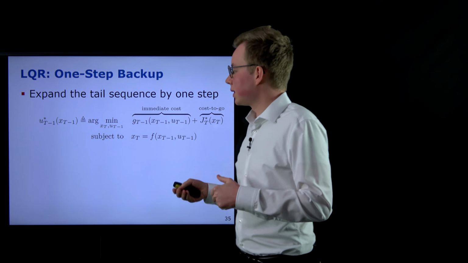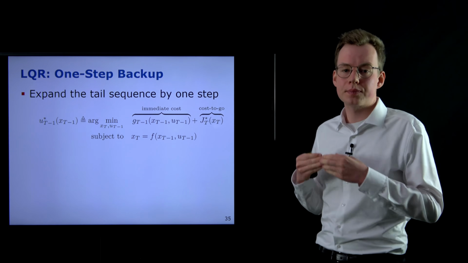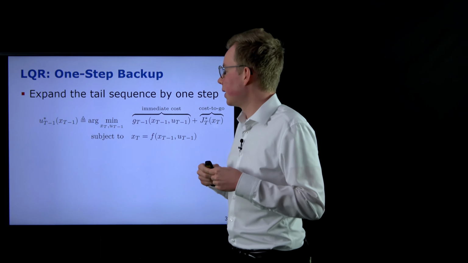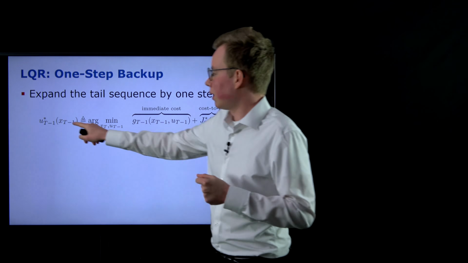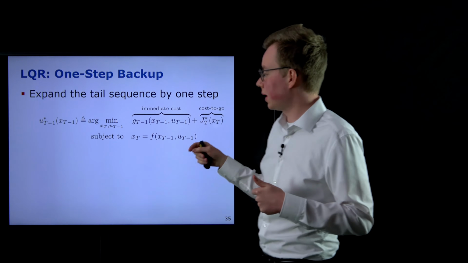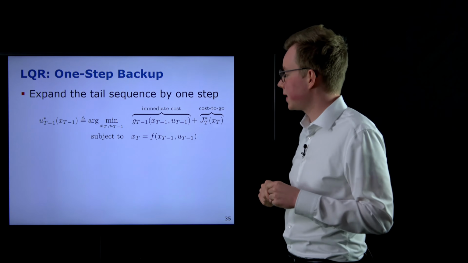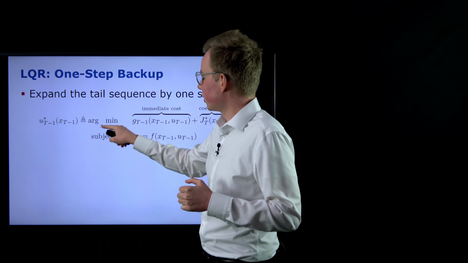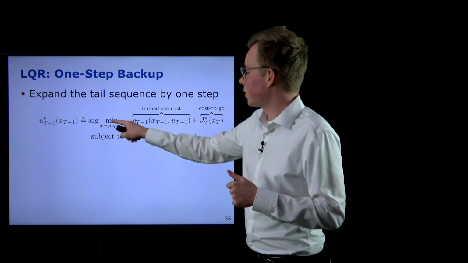So now we extend this problem one step backwards in time. So now we try to find the best input at the previous time step, so at t minus 1, the second to last time step. And so now we need to optimize over these two decision variables.